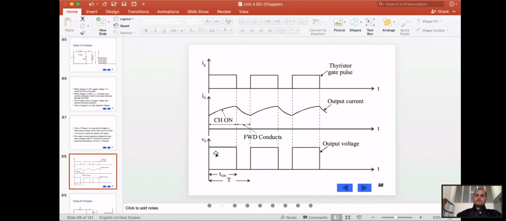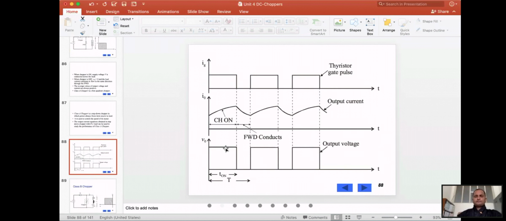The output voltage depends on this T on period, and the total time period is T. This is the output current. This is the period when the SCR is conducting, in this step down chopper, and this is the period when the freewheeling diode is conducting. You have to know the total time period, and how to find the duty cycle from this.